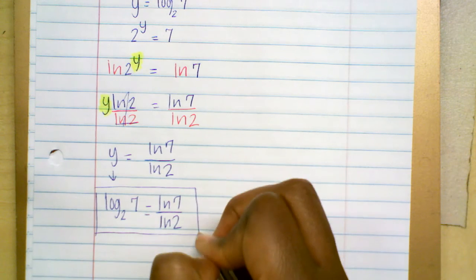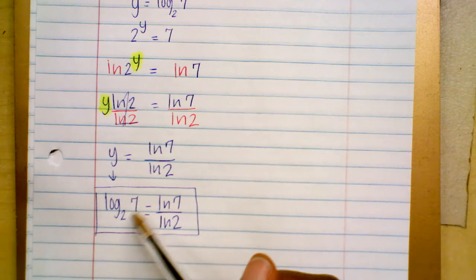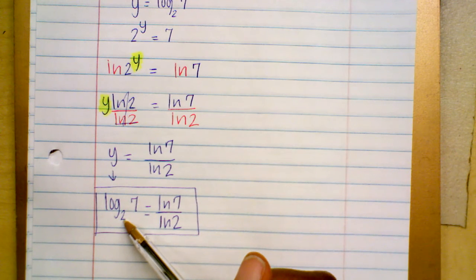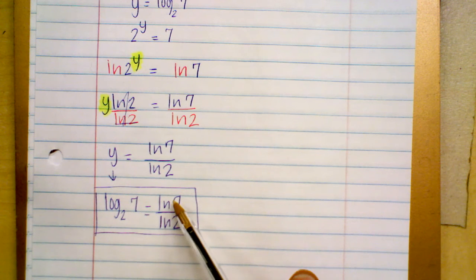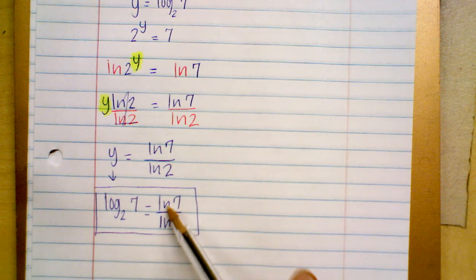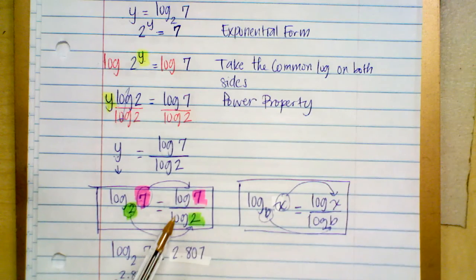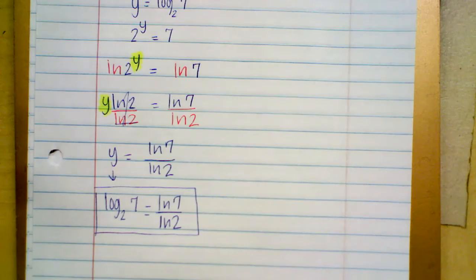So we can evaluate a log with a base other than 10 or e by using the change of base formula. You can use ln or the common log; both end up with the same answer.